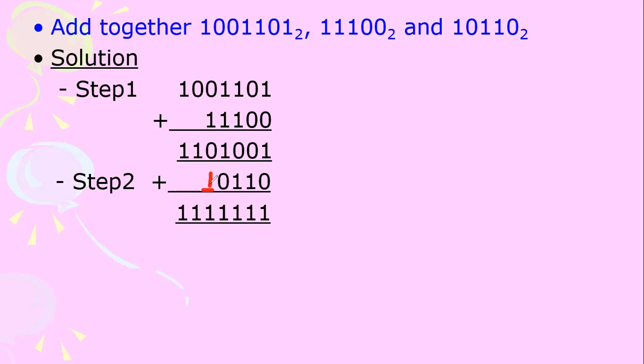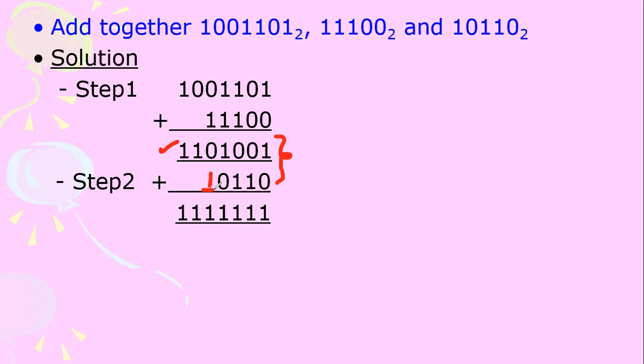And therefore, my dear students, you should be very careful when adding binaries so that you don't make a mistake without your knowledge. Like in this case, if I had proceeded with adding this result from step 1 to 0, 1, 1, 0 without this 1 here, I would have gotten the wrong answer.